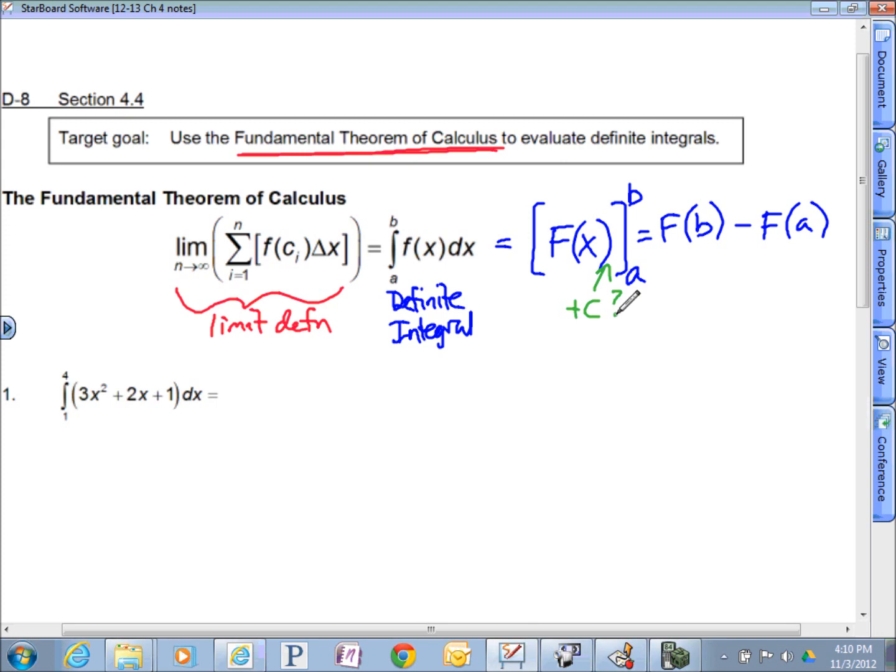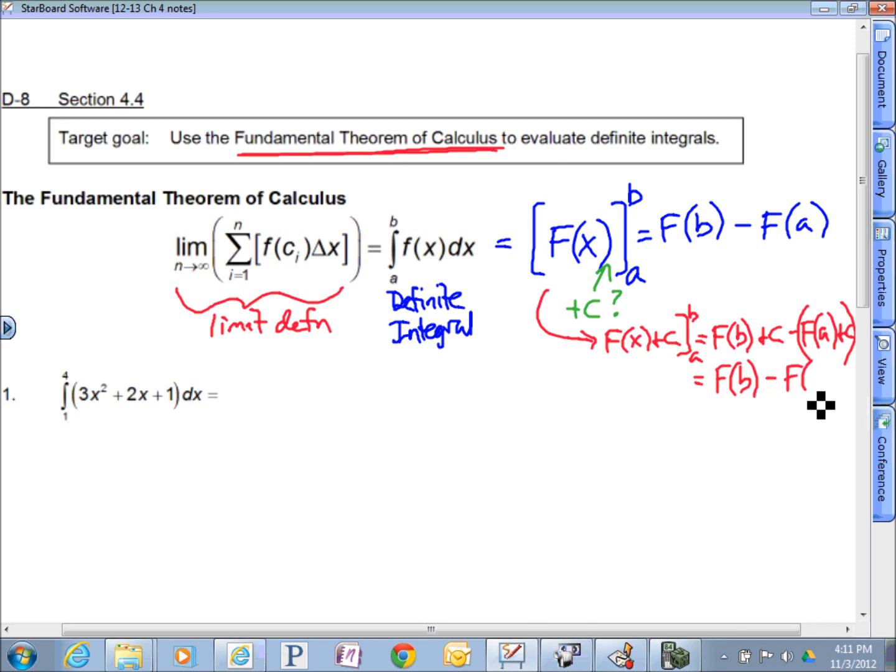If I would have done a little side work and said capital F of x plus C, and evaluated it from a to b, then I would have had capital F of b plus C minus capital F of a plus C in a quantity. If I clean that up, after you distribute, those C's are going to cancel each other out, leaving capital F of b minus capital F of a.